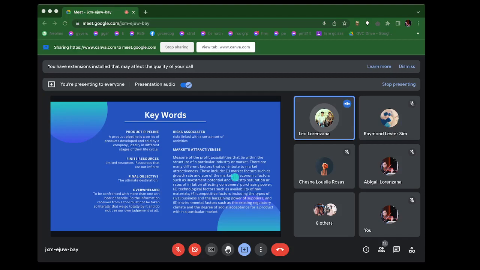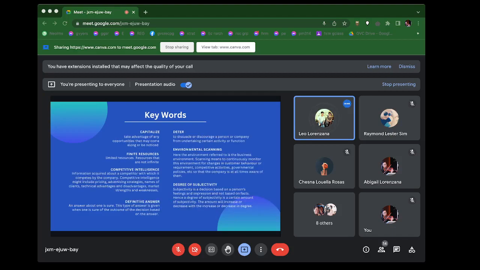Number three, technological factors such as availability of raw materials, competitive factors including the types of rival business and the bargaining power of suppliers. And lastly, environmental factors such as existing regulatory climate and degree of social acceptance for a product within a particular market.